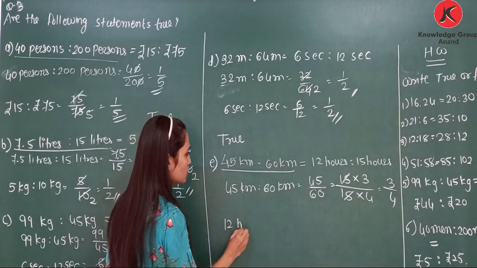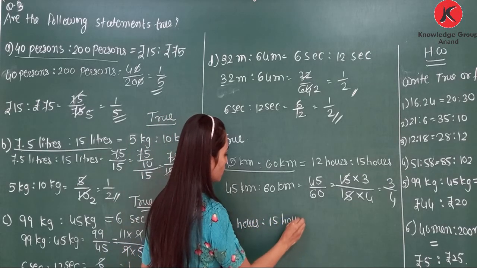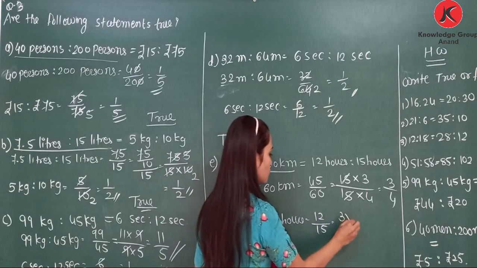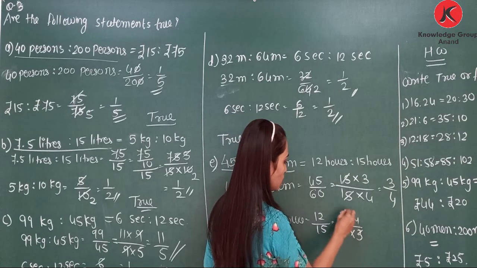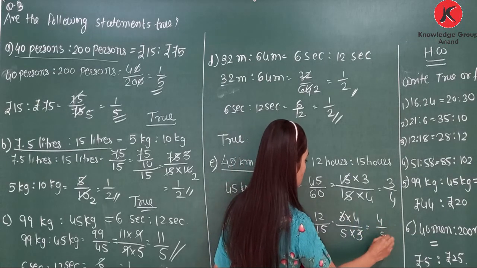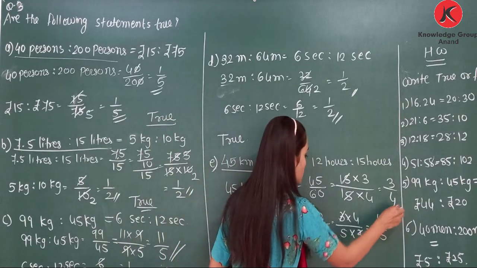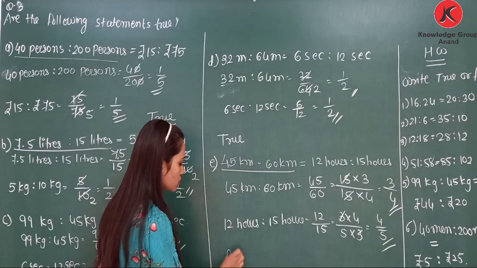Now 12 hours to 15 hours. So 12 will be in the numerator, 15 will be in the denominator. So 3 4s are 12, 5 3s are 15. So 3 is common, we can cancel out this. So the answer is 4 by 5. Now you can see the ratio of first one is 3 by 4, ratio of second one is 4 by 5. So it is false.